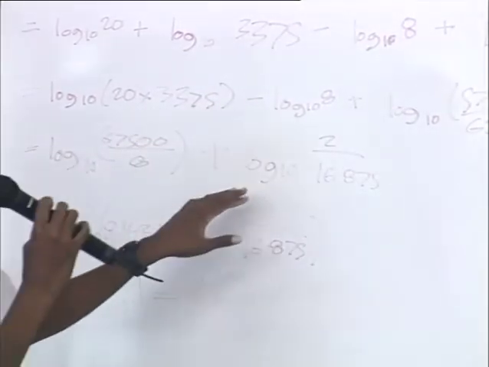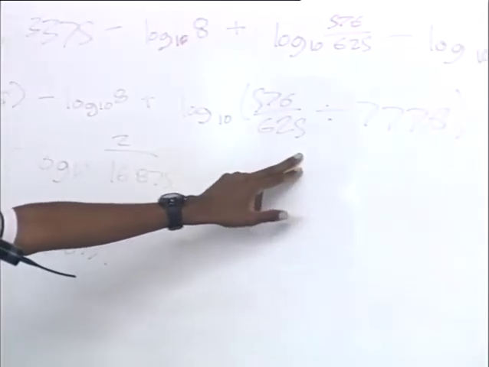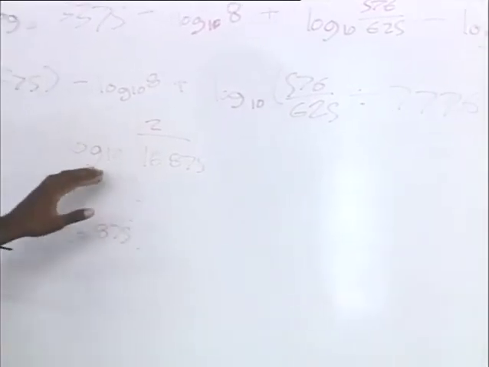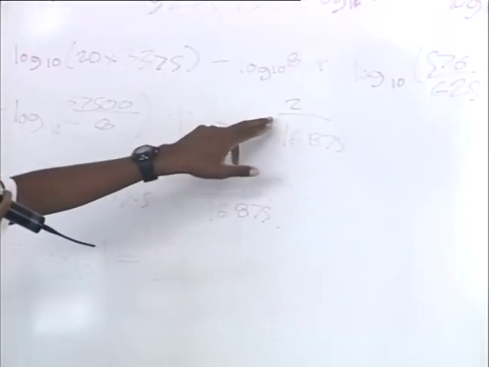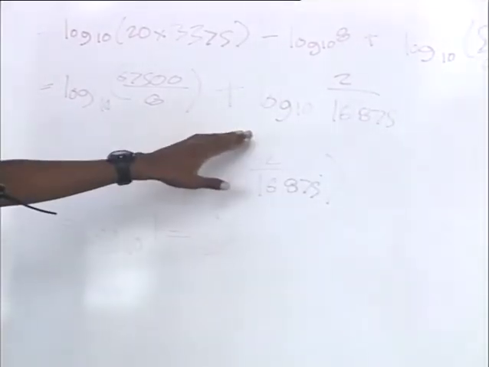And then I got 576 over 625 divided by 7,776, which in fraction form would be 2 over 16,875.